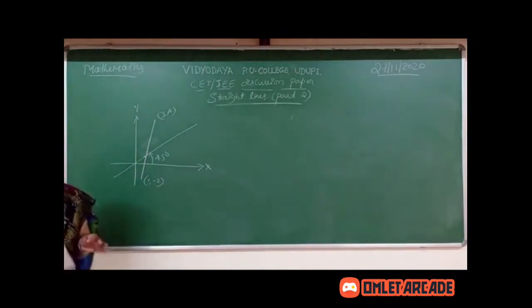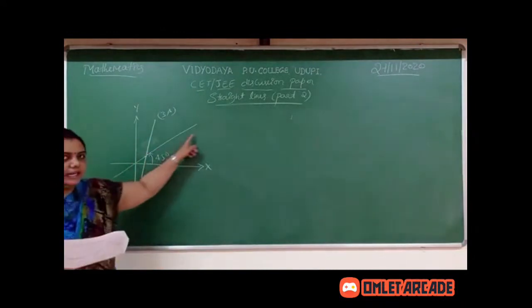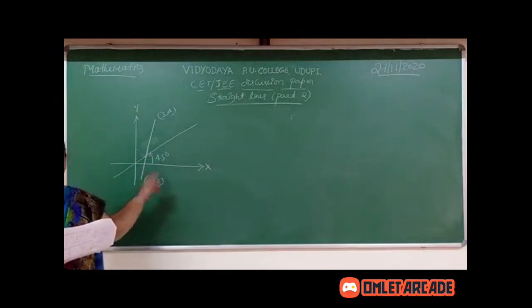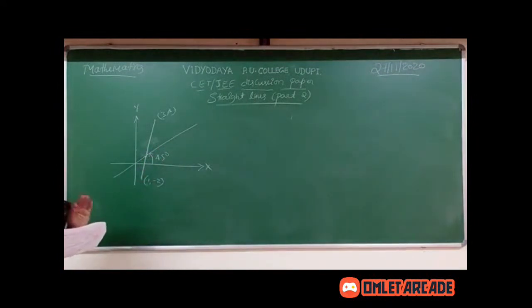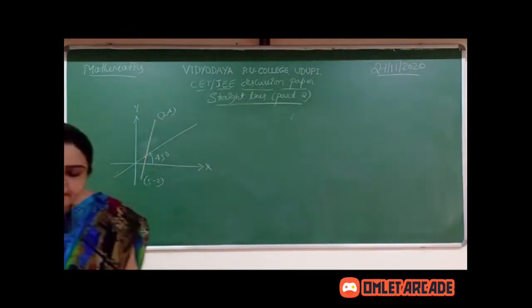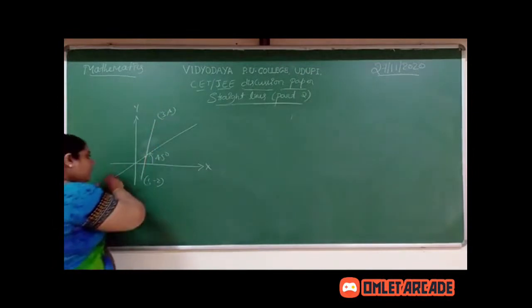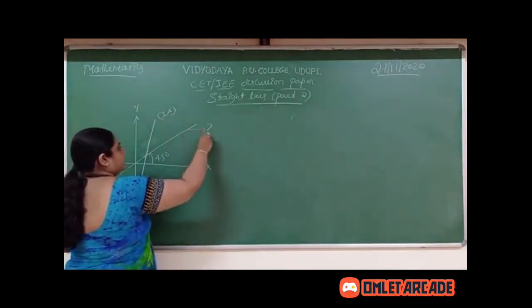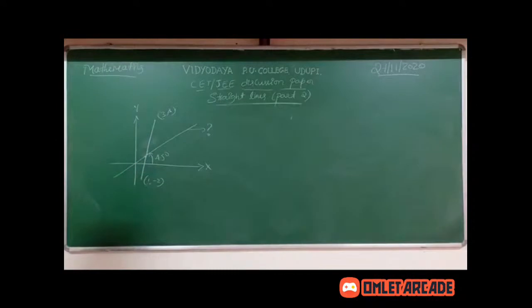This is given. Repeat the question. We need to find the equation of a straight line which is equally inclined to the axis and equidistant from (1, -2) and (3, 4). Wait, students, I have to find the equation of this line, isn't it? This is the question.